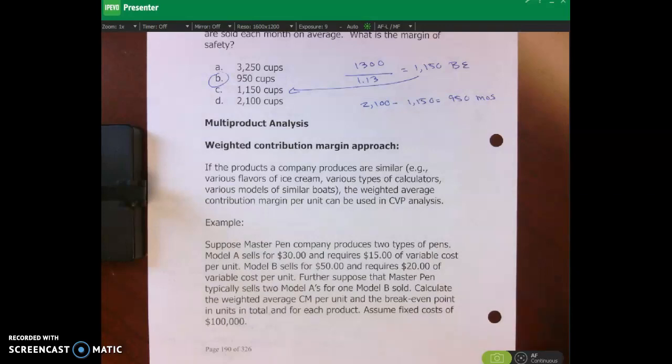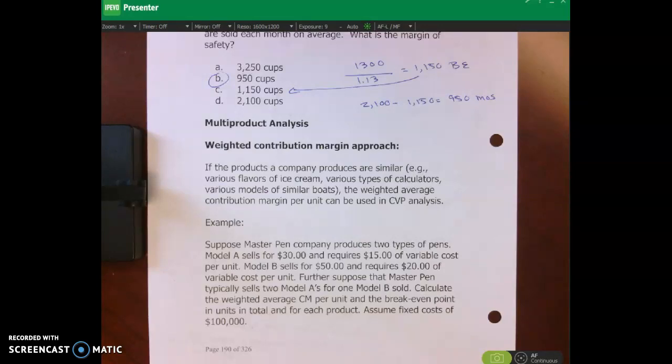If we think about Mary Washington, for example, what if we have in-state students and then out-of-state students? We can calculate a weighted average contribution margin between in-state and out-of-state students to help us figure out what our total enrollment needs to be, and then how many in-state and out-of-state students we have to enroll in order to break even.